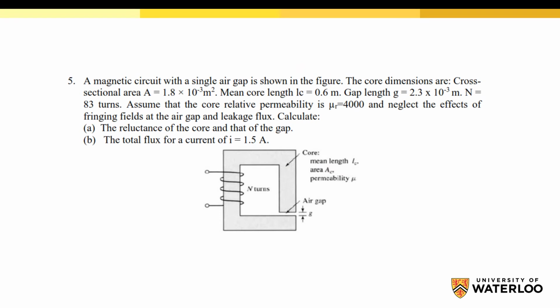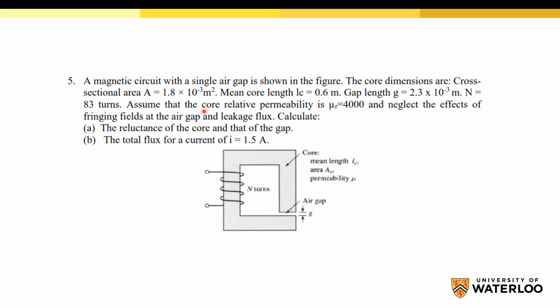Okay. A magnetic circuit with a single air gap is shown in this figure. The core dimensions are given: the cross-section area, the mean core length, and the number of turns.